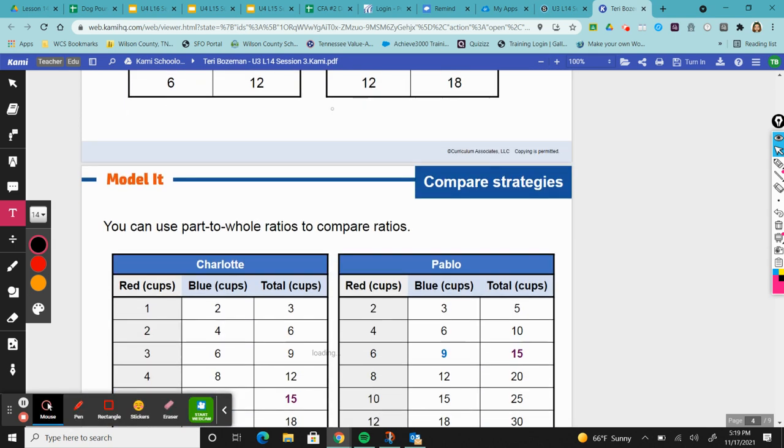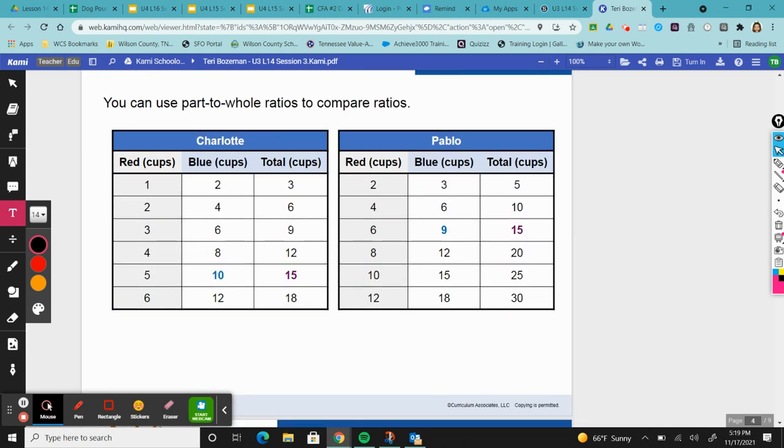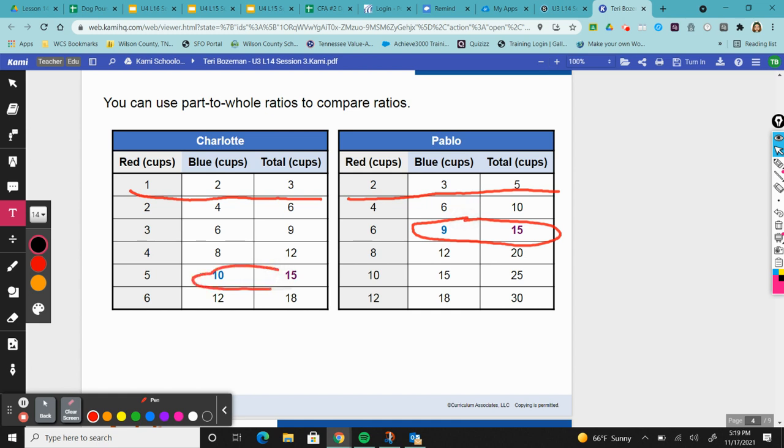Let's take a look at the next strategy. You can use part to whole ratios to compare ratios. So again, original ratio, right? Original ratio. And this time, they're using this ratio for Pablo and this ratio for Charlotte.